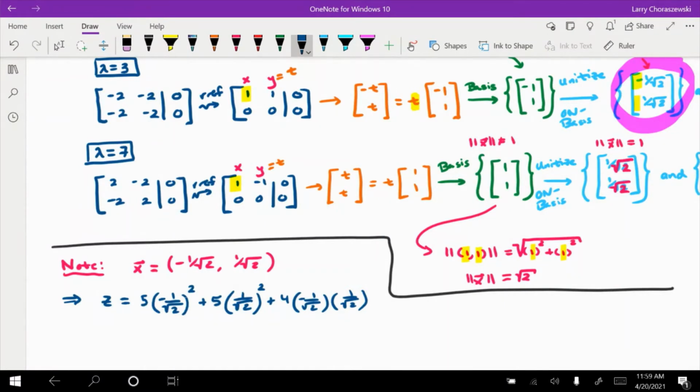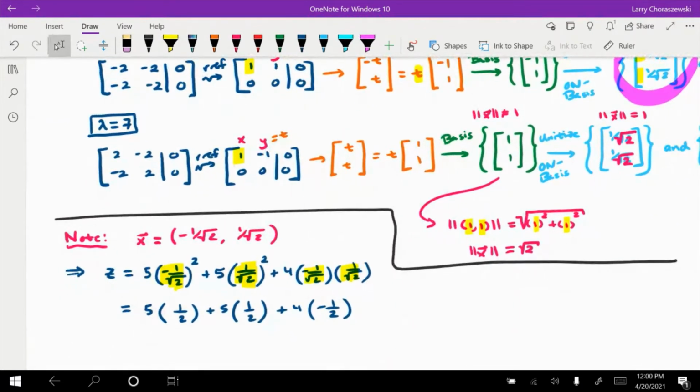You'll be amazed at what this simplifies to. What I'm going to do is square each of the components, and then I'll also form this product of the two components. This is going to be 5 times 1/2 plus 5 times 1/2 plus 4 times negative 1/2.